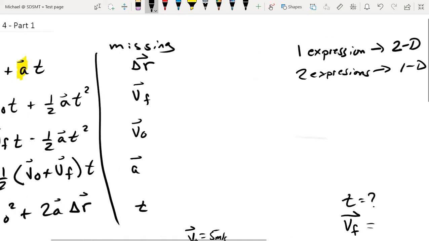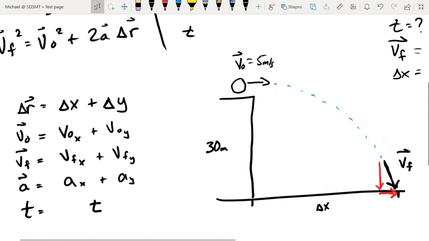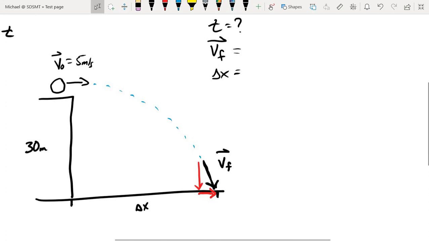In other words, I already know that I'm going to be moving through two-dimensional space with this rock. What if I were to set up independent axes for the x and the y direction and just treat each direction as a one-dimensional problem?